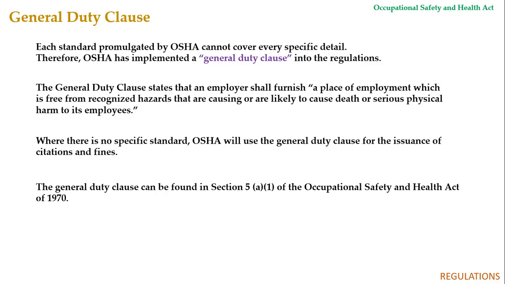The general duty clause states that an employer shall furnish a place of employment which is free from recognized hazards that are causing or likely to cause death or serious physical harm to its employees. Where there is no specific standard, OSHA will use the general duty clause for the issuance of citations and fines.